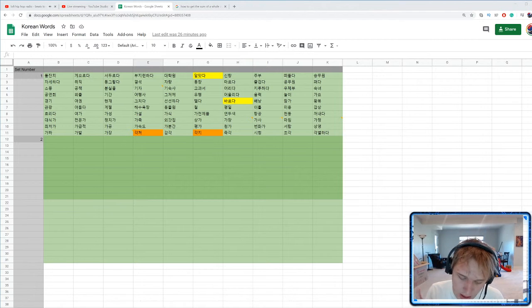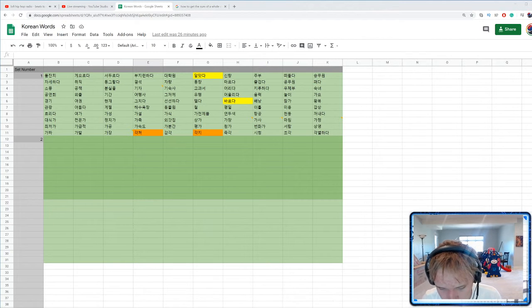각지 is not 각처. 각지 is all places. 감각 is sense. 외출, to go out, going out. 널리 is a pastime, play, okay.